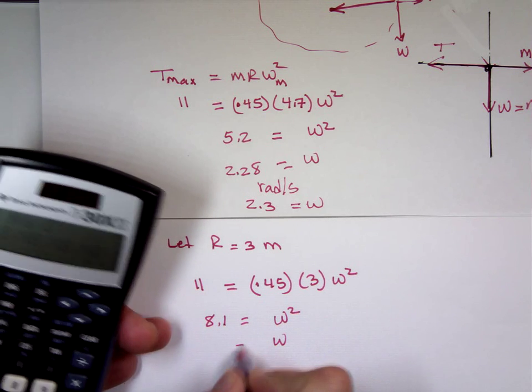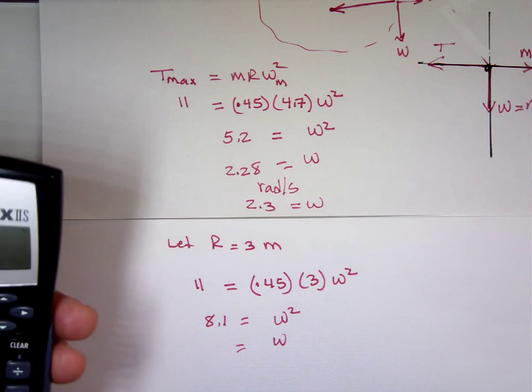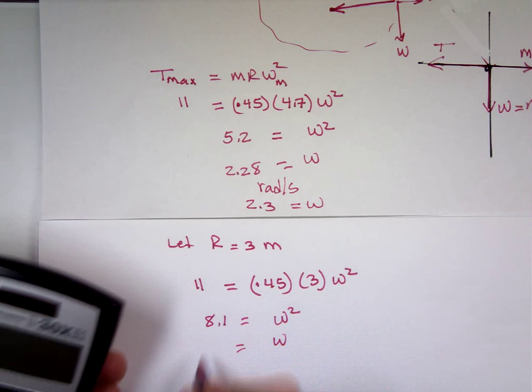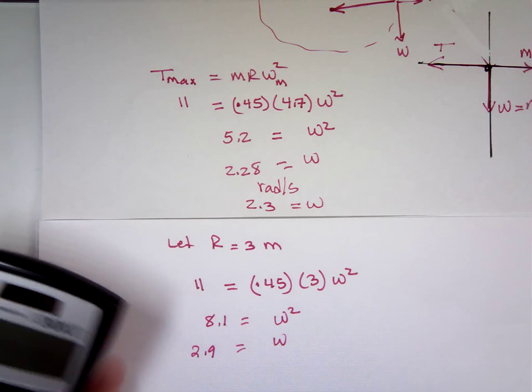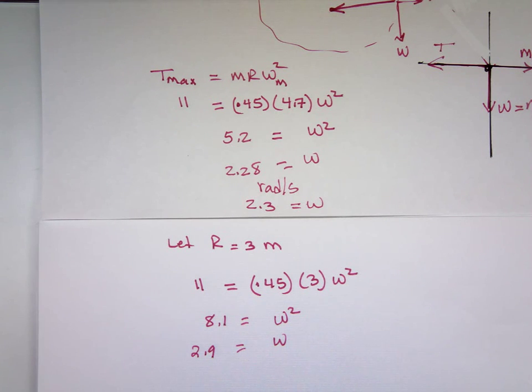And W will be the square root of that number, which is 2.9. So did that value increase or decrease? It actually increases.